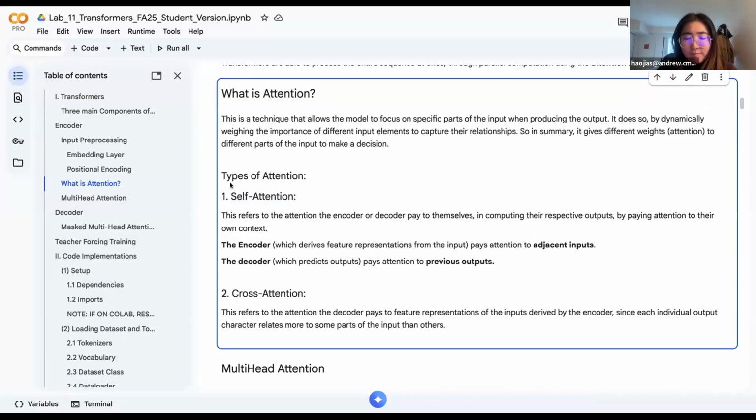And cross attention, on the other side, refers to the attention that the decoder pays to feature representations of the inputs derived by the encoder, since each individual output can relate to some parts of the input more than others. What does it mean? For example, we have two different modalities.